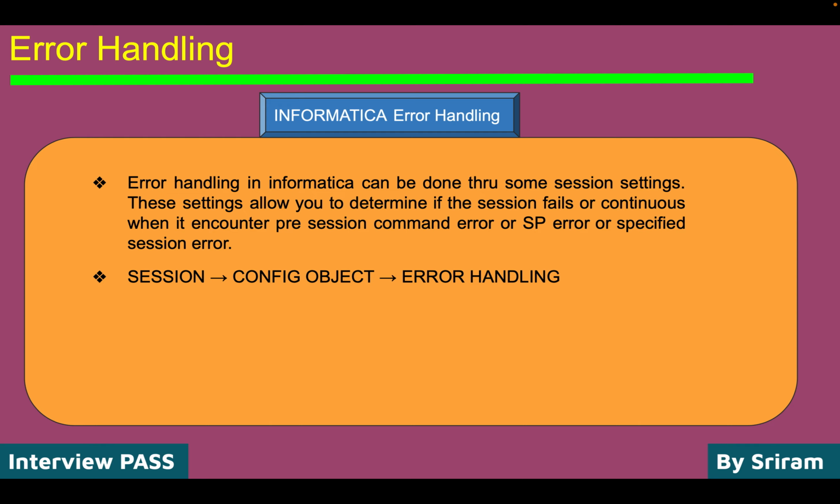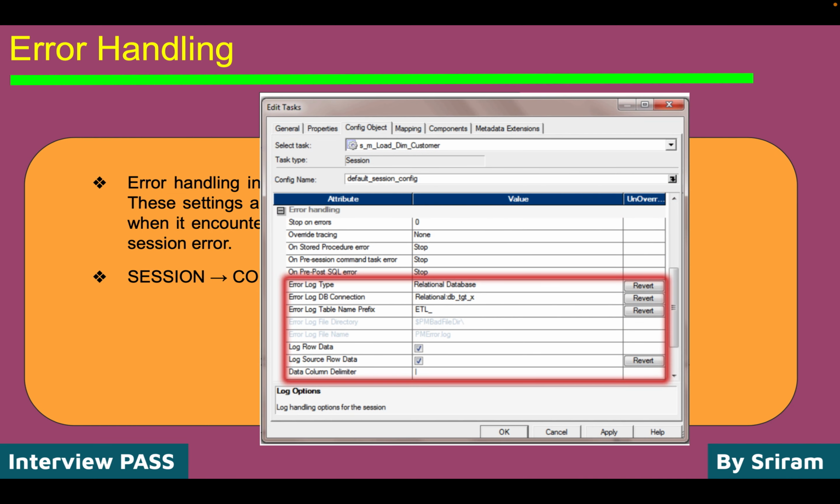Let us see that picture here. So this is our session properties. We have different tabs here: general properties, config tab, mapping, components, and metadata extensions. We are in the config tab for error handling techniques. There are multiple options here: stop on errors, override tracing, on stored procedure error, on pre-session command error, on pre-post SQL error, and error log type.